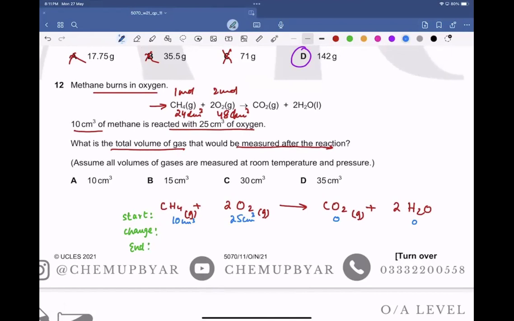Now, as we got the ratio from the balanced equation, can anyone tell me, with 10 centimeter cube of methane, how much volume of oxygen is going to react? It's 20 centimeter cube, right? Because the ratio is exactly 1:2. So all of the 10 centimeter cube of methane is going to react, and from 25 centimeter cube, only 20 centimeter cube of oxygen is going to react. Is this understandable to all of you?